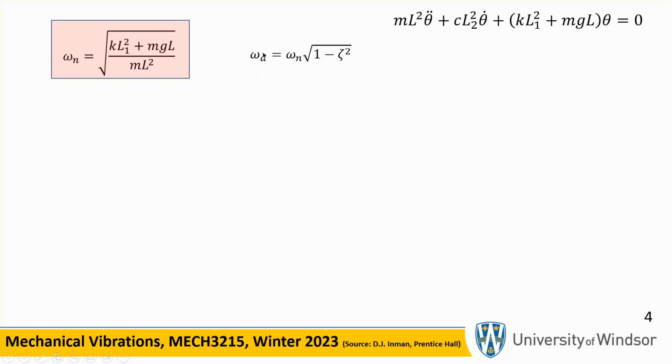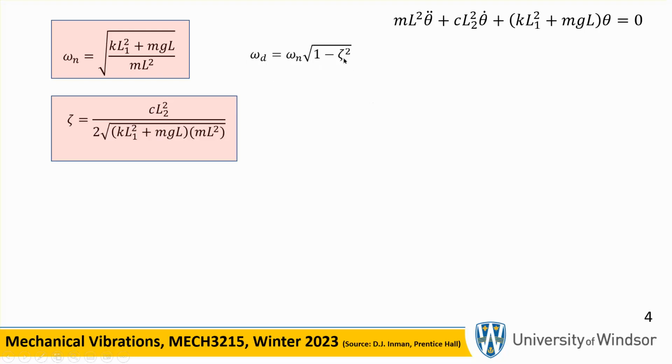Now, if you want to find the other parameters, such as the damping, obviously there's a damper here, so there's a damped frequency. Eventually, this thing will oscillate, and the amplitude of oscillation is going to get smaller and smaller. But to get that, for example, we need the damped frequency, which is given through the standard formula.